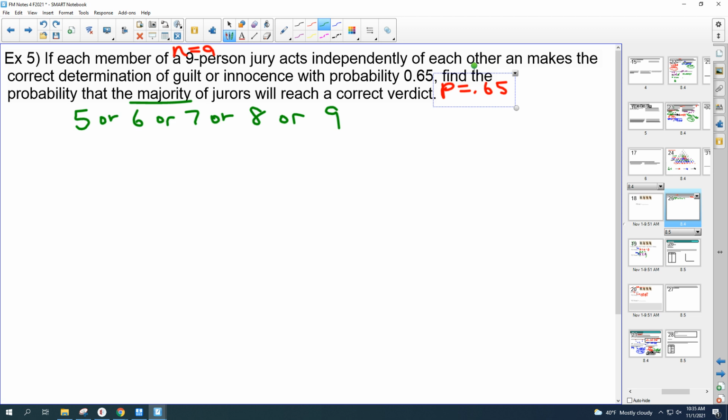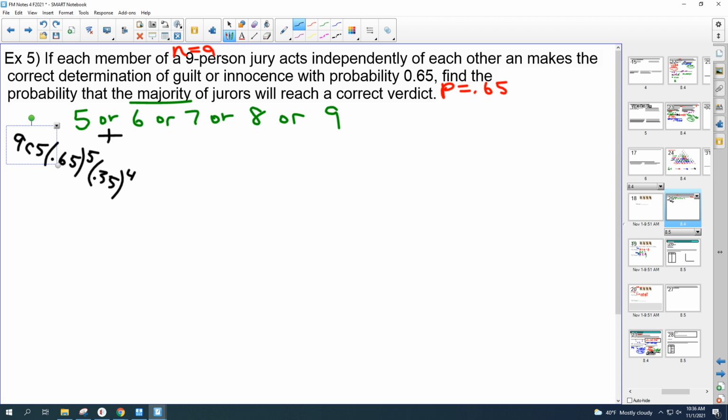Okay, so really once you get the pattern, it's just busy work pretty much. So we want 5 of the jurors. So we'd say 9 choose 5 and 5 of the 0.65s. And what's the probability that they don't do whatever this is? 0.35, and there'd be 4 of them because it has to add up to 9. 5 plus 4 is 9.